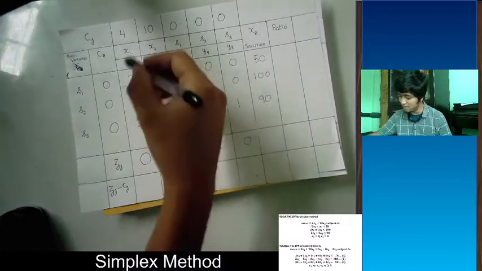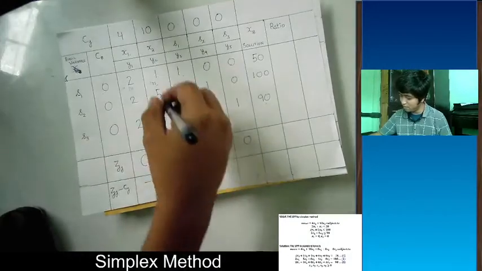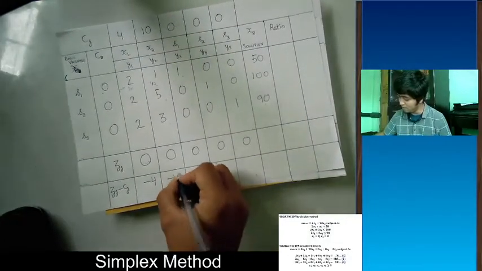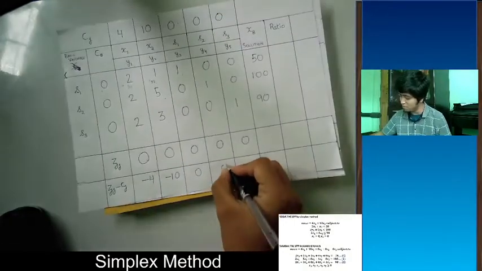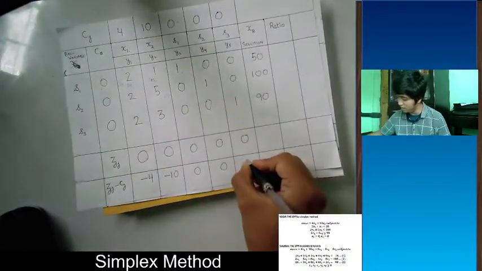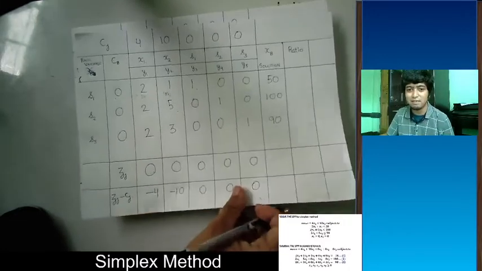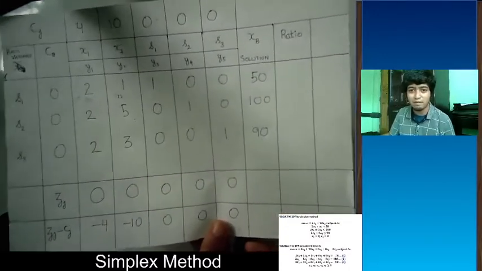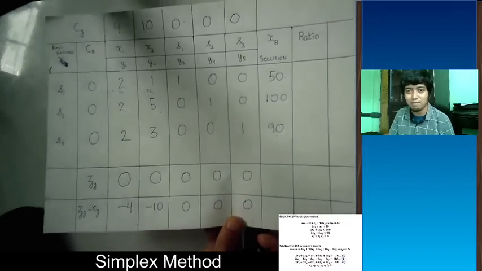So Zj minus Cj: 0 minus 4 will be minus 4. 0 minus 10 will be minus 10. 0 minus 0 will be 0. 0 minus 0 will be 0. 0 minus 0 again, it will be 0. So this is what we are having. This filled-in table that we are having here is the initial simplex table.